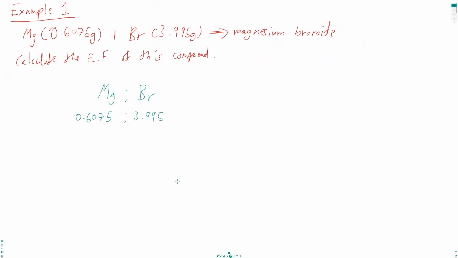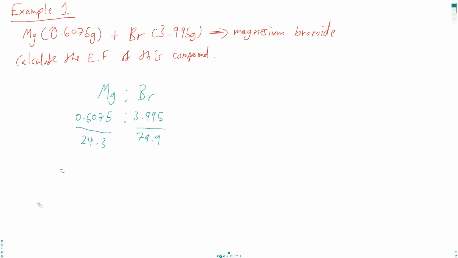Okay, so now we're going to divide that by each of their molar masses. Again, I'll splash up the periodic table on screen so you can see what the molar masses of Mg and Br are, but I'm going to use the values they give in the textbook, which is 24.3, and Br is 79.9.